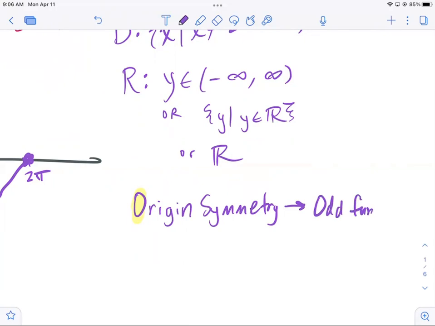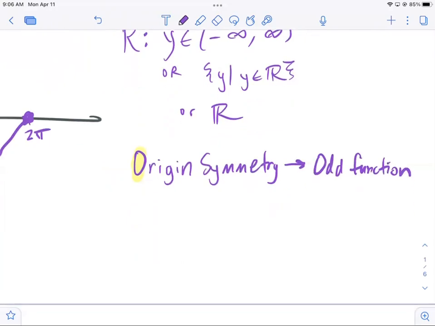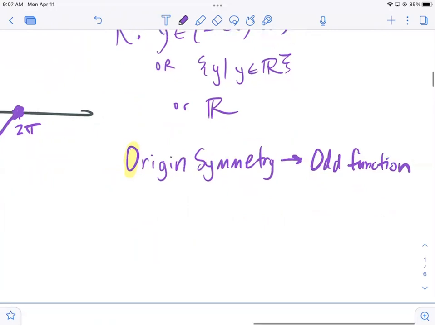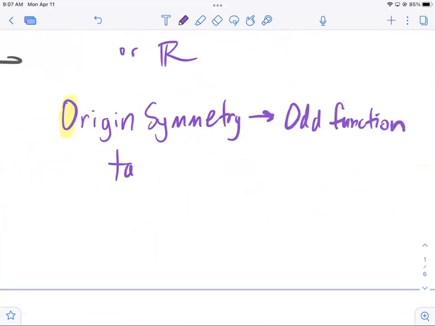So tangent is an odd function, which means, look, which of the other two that we already studied was an odd function, sine or cosine? Sine, very good. Sine was an odd function. So just like sine, tangent of negative inputs, do we bring it up front or forget about it? No, we bring it out front.